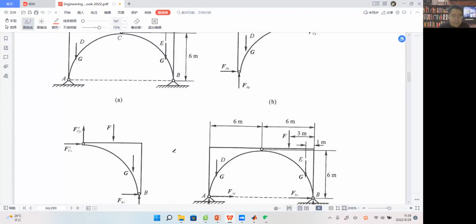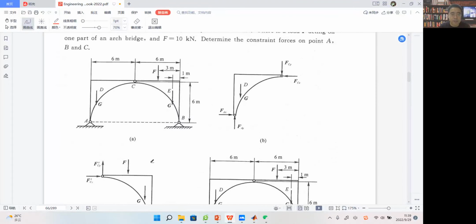And when we consider the force analysis of point C, we should think about action and reaction. Since this force is acting by part BC on part AC, at the same point there should also be a reaction force from part AC to part BC.